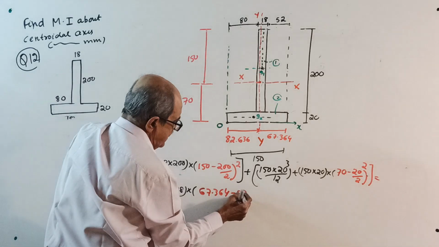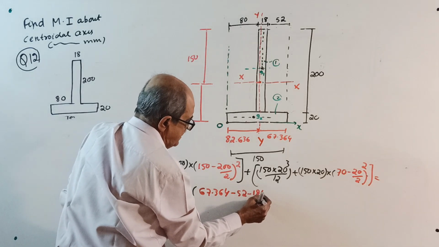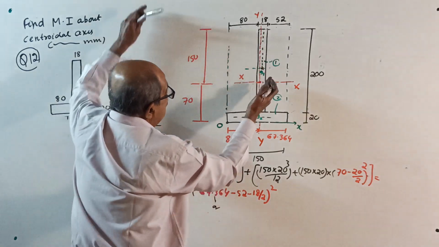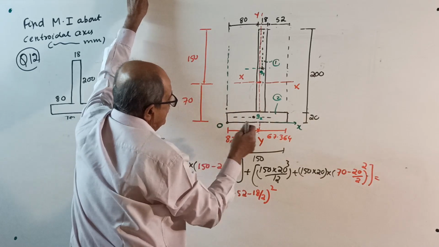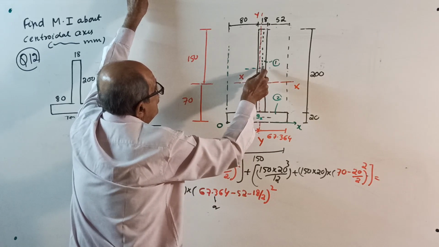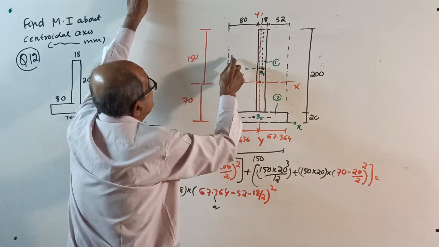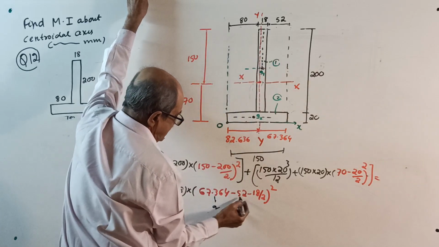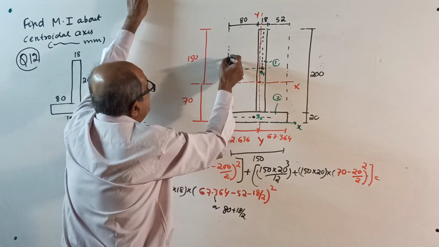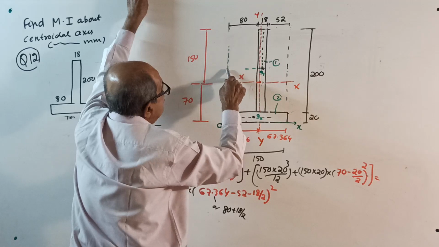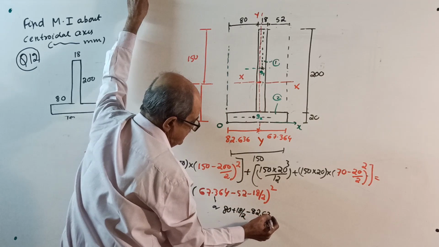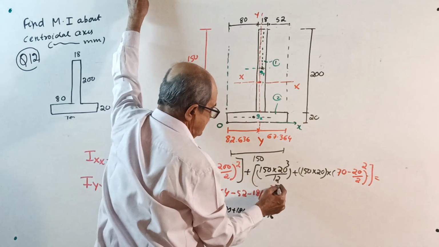Subtract 52 and also 18 by 2, whole square. Or if you do this side, the centroid is here. From centroid to the extreme edge is 80 plus half of 18, that is 80 plus 18 by 2. That is from here to centroid. From that distance, subtract 82.636. Anything will do. Okay.